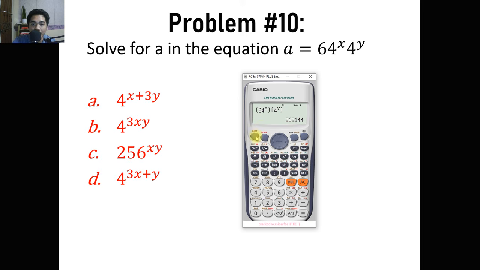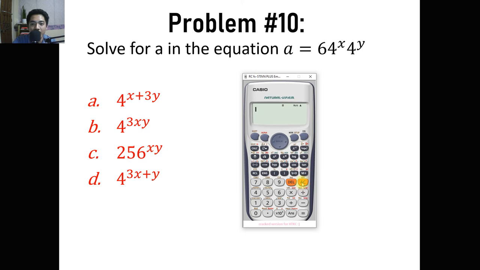So we can store this 262144 with shift RCL into this A. You need not press alpha again, just this negative sign, because it has A in it. So it's automatic. If we get alpha A, that is the answer.